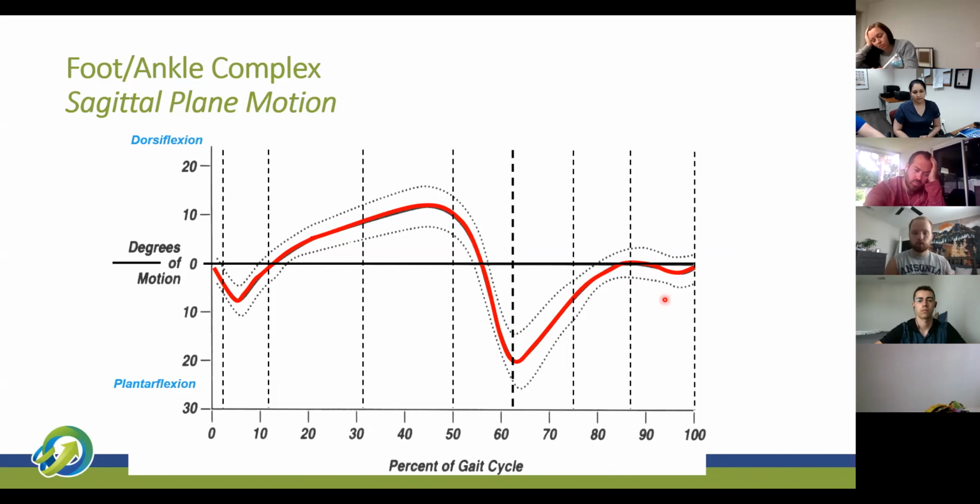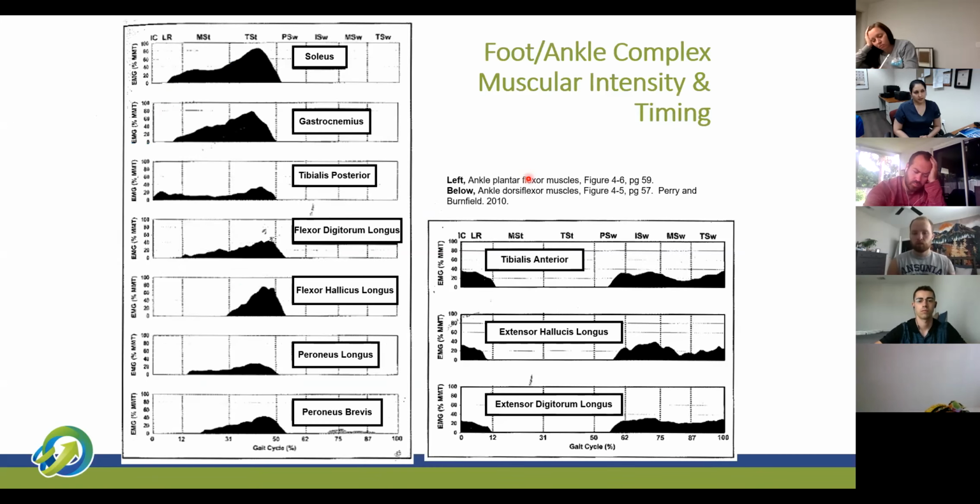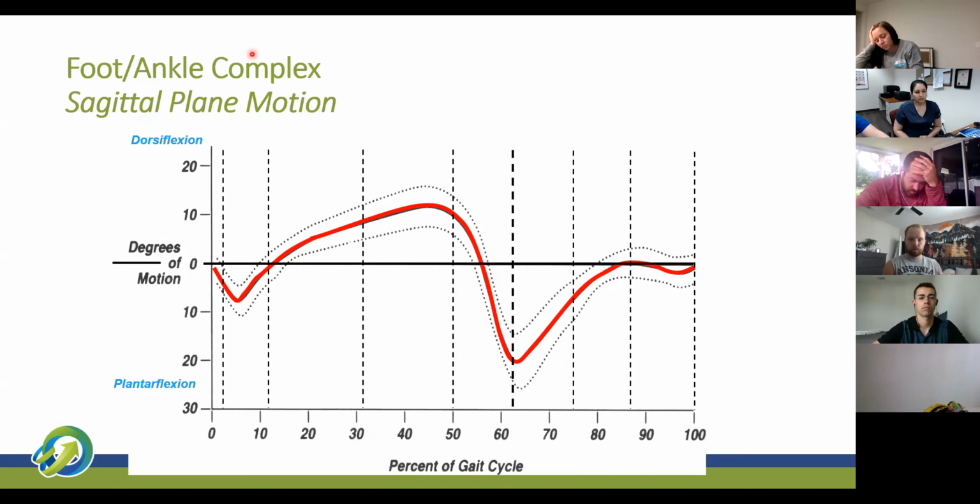So good job, guys. And then this is a complete look, from initial contact to the end of terminal swing, at each muscle. So when does it reach its maximum EMG? And again, this doesn't specify concentric or eccentric, so it's up to you guys to understand what's going on.